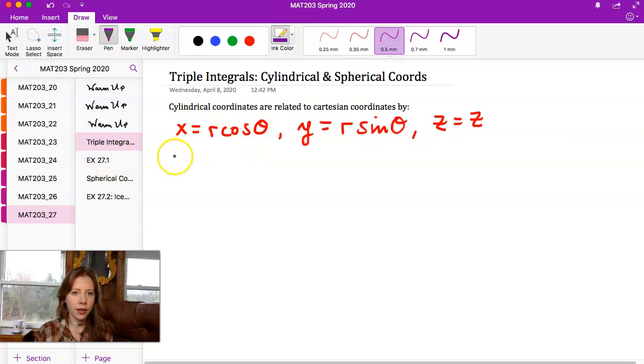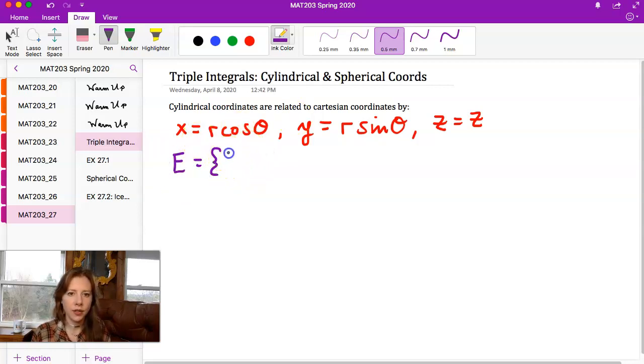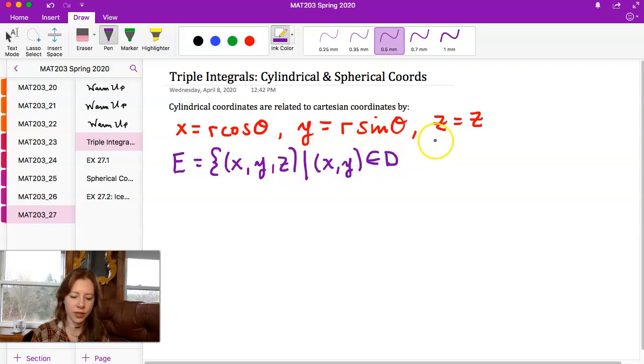And so E is going to be our region, and it's going to be defined as equal to, and this is in Cartesian coordinates, so it's going to be in terms of x, y, and z, such that x and y are contained in D, which is just our two-space coordinate system.